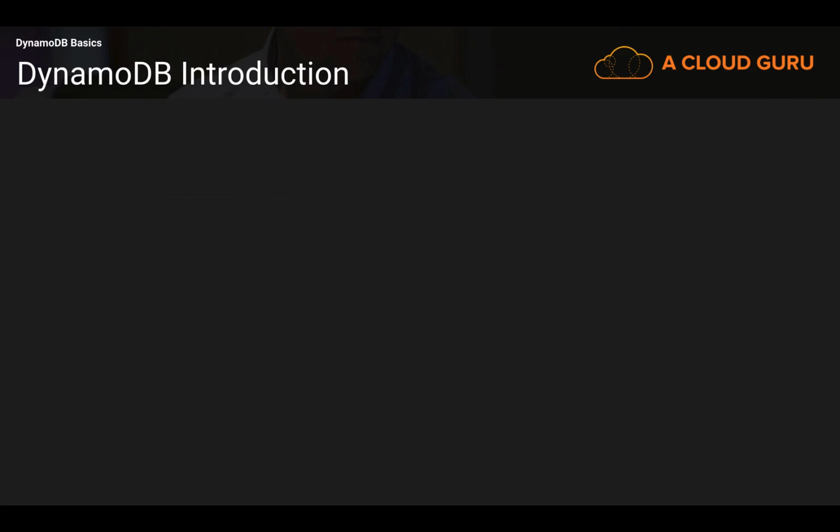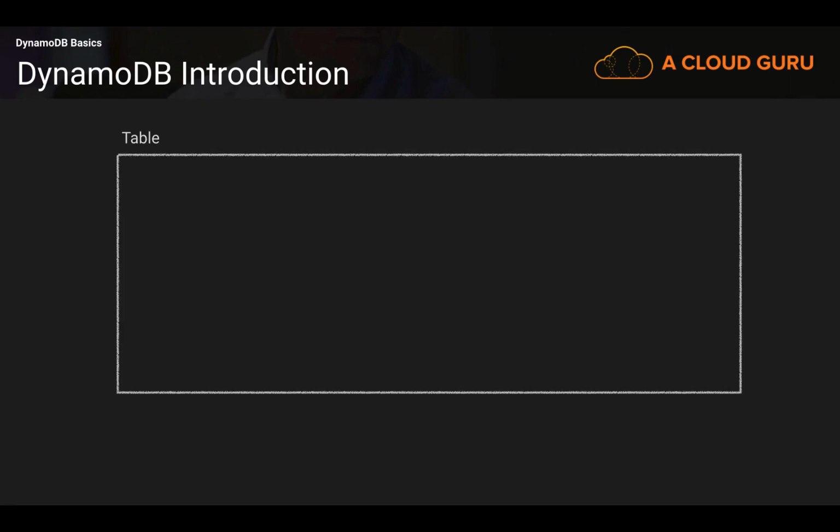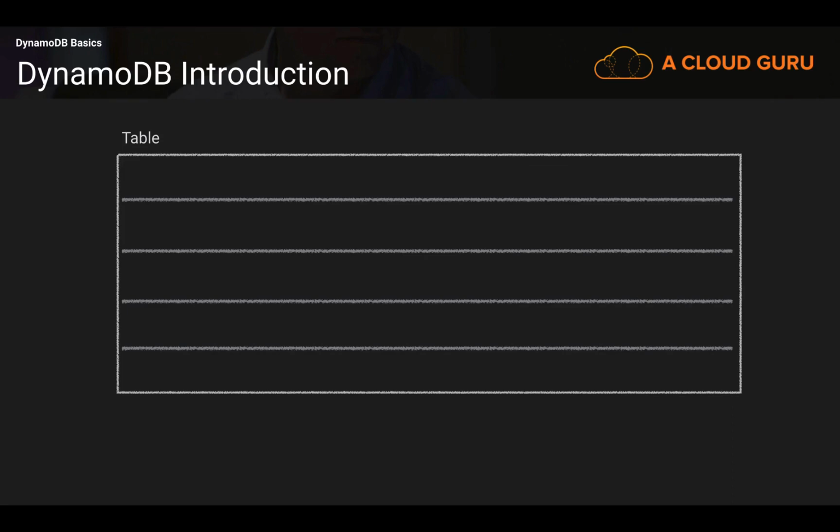I want to move on to table and data structures within DynamoDB, as I think it's useful that we understand that and some of the terminology that we'll use throughout the rest of this course. I mentioned on the last slide that the high-level data unit within DynamoDB was the table. A table, as with most non-relational and relational row-based databases, is divided into rows, but specific to DynamoDB, these rows are called items, and I want you to get used to instinctively referring to these as items.